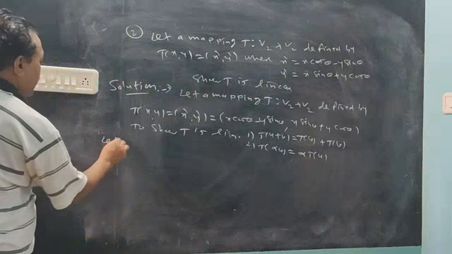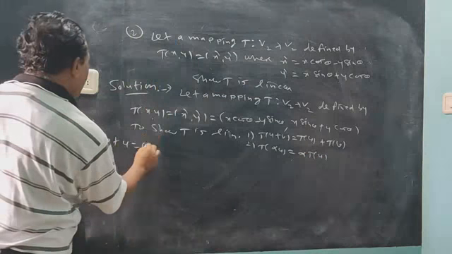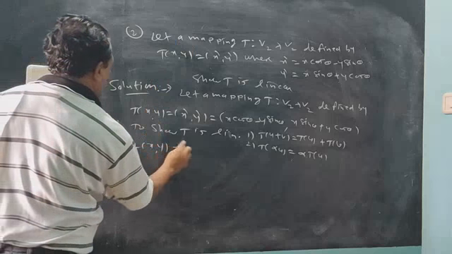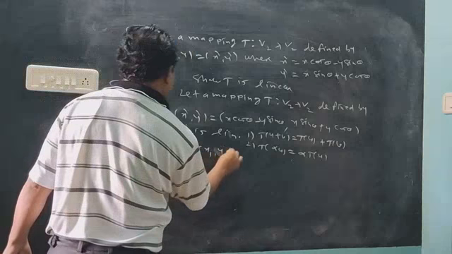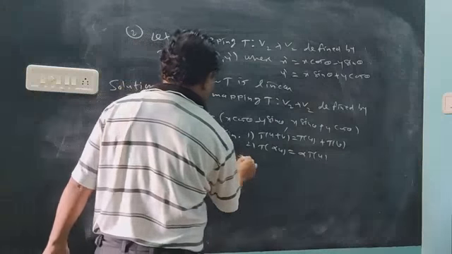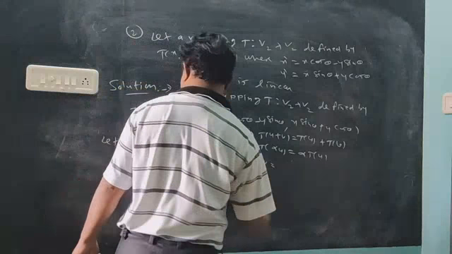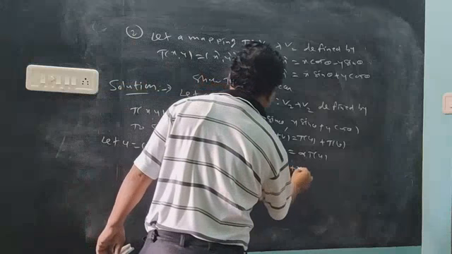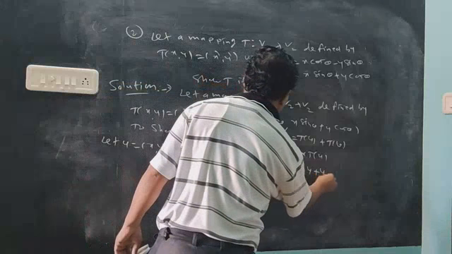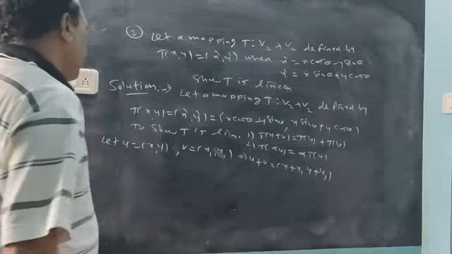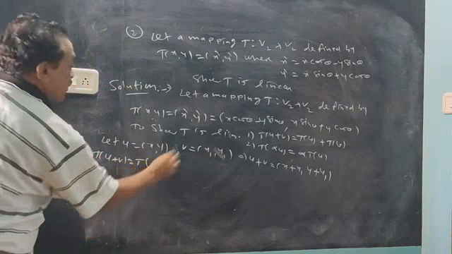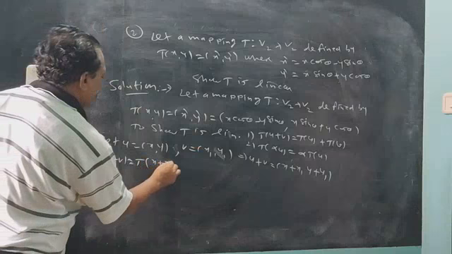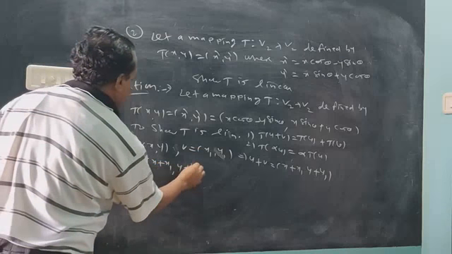So take two vectors, u, suppose the pair (x, y), and v, suppose the pair (x1, y1). Therefore u plus v, by addition, will be (x plus x1, y plus y1). Now T of u plus v is T of (x plus x1, y plus y1).